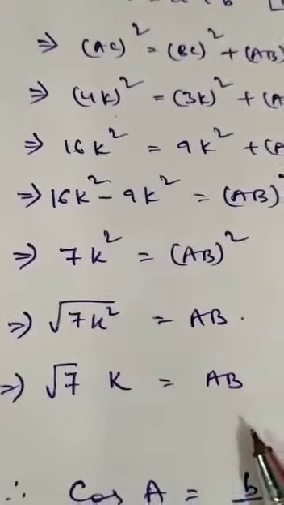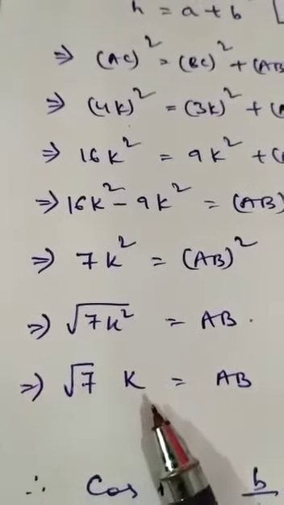So the value of AB will be root 7 k. So we have got the value of AB as root 7k.